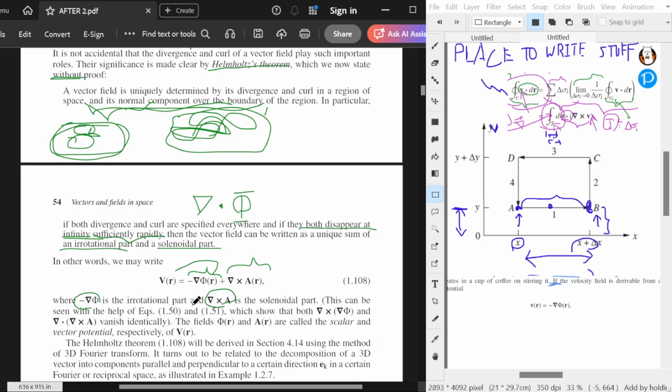This can be seen with the help of 1.5, which shows that the curl of the gradient of a scalar function and the divergence of a curl of a vector field vanish identically. The fields phi and A. Oh look, there's two fields.